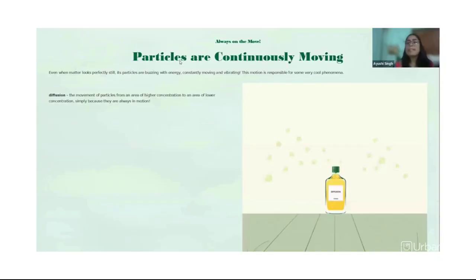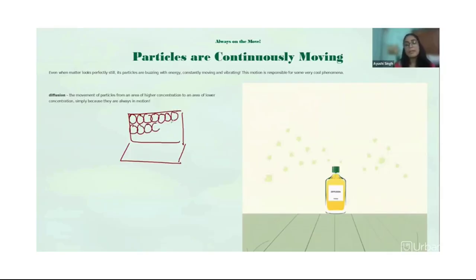Now, particles are continuously moving. Another characteristic: they have space, and they are continuously moving. For example, suppose you're using a laptop or a phone to attend this class. The particles are like this. I'm drawing them bigger, but they are not so big.